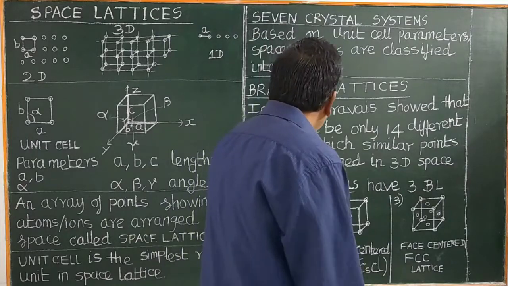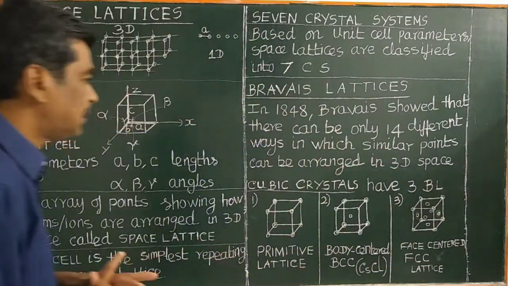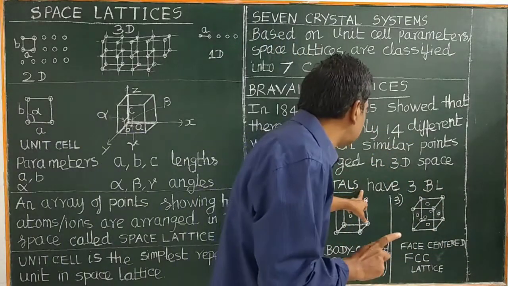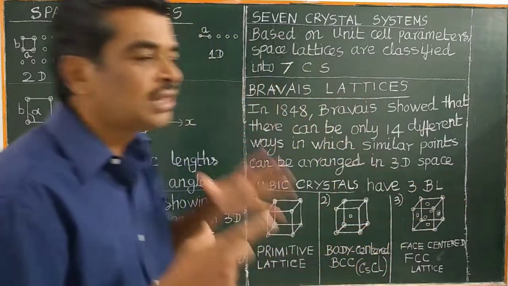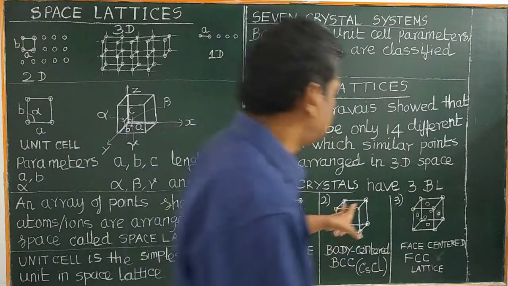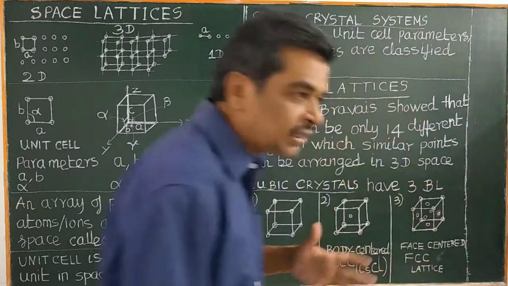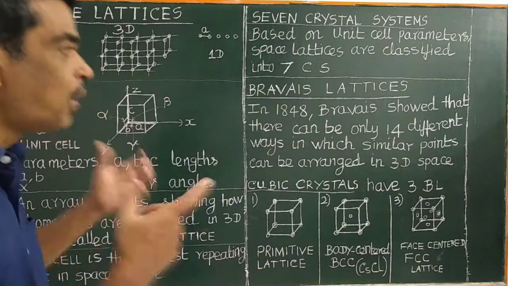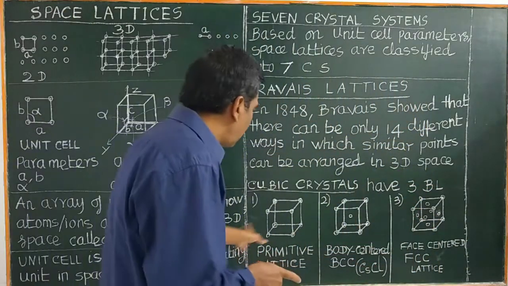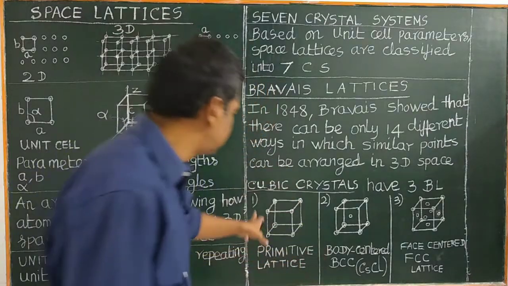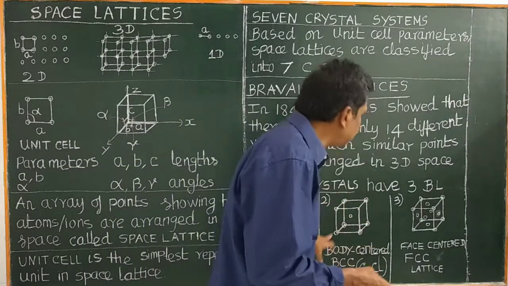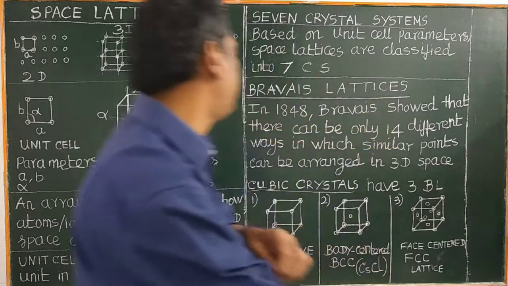Okay, so there are 14 Bravais lattices. Please remember, cubic crystals have 3 Bravais lattices. What are they? You have already studied the simple cubic lattice, body-centered cubic lattice, and face-centered cubic lattice.